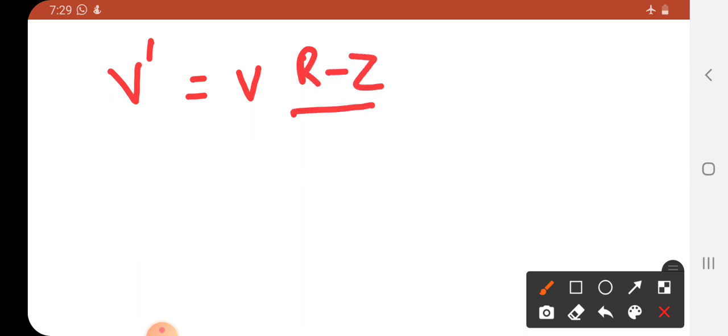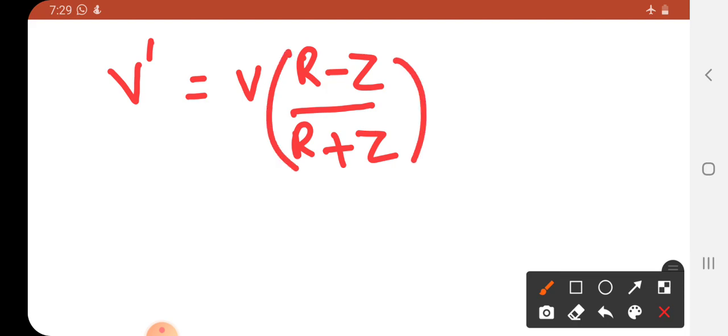So hence V dash is equal to V into R minus Z by R plus Z. This is reflected voltage. If it is reflected voltage, then what is reflected current?